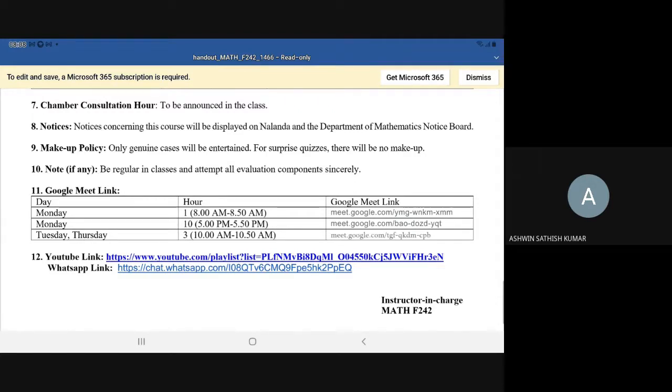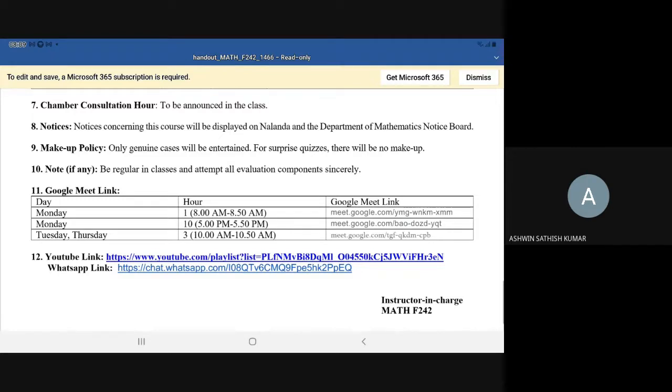Clear? Otherwise, more or less both are the same course. In many universities you will find a mixture of these two courses, but here we have classified them as two courses. One deals with everything deterministic, and here everything is probabilistic in nature.